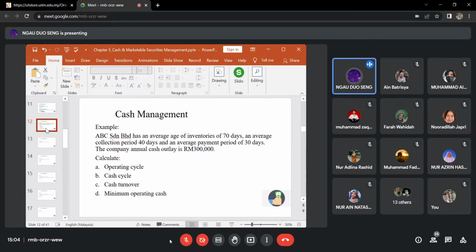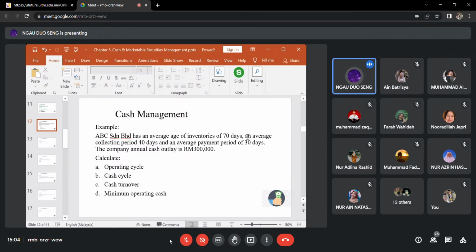All right, we have the question, cash management. So example, ABC Sendirian Berhad has an average age of inventory of 70 days.